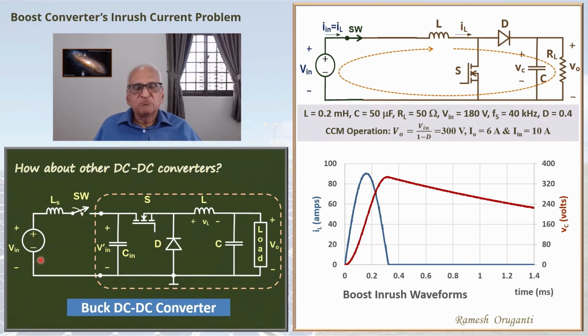So in the case of boost, it is the output capacitor charging that gives rise to the inrush current, and here it is the input capacitor charging that will give rise to an inrush current. The problem is unlikely to be as severe as in the boost converter case, but it still exists.